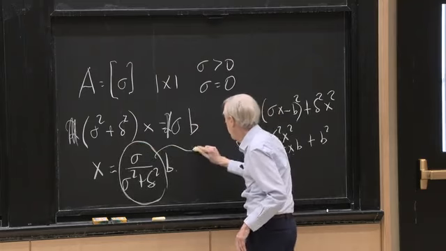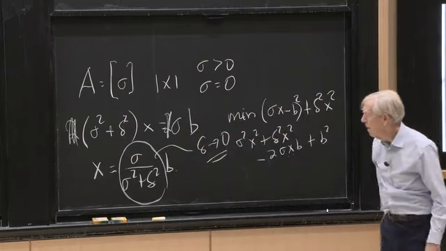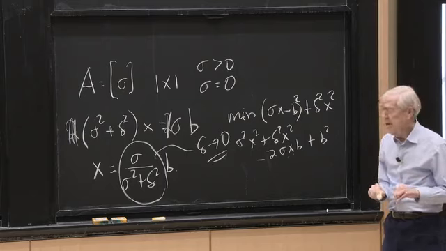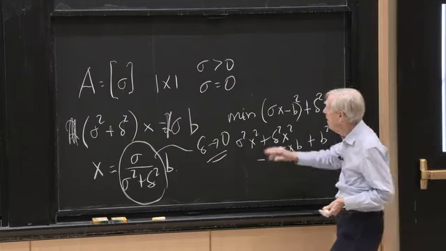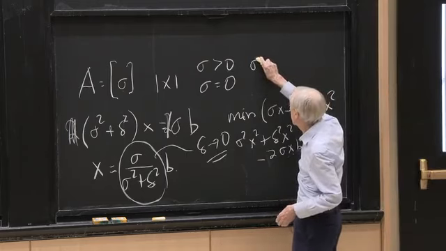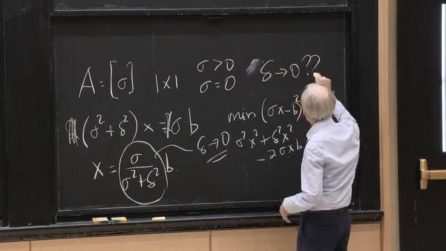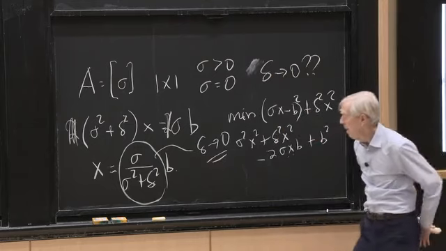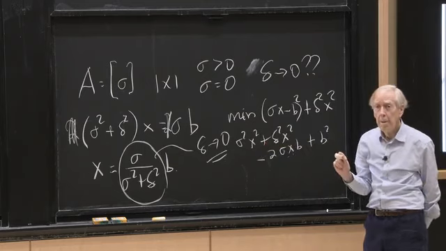I want to let delta go to 0. So again, what am I doing here? I'm taking a 1 by 1 example just to see what happens in the limit as delta goes to 0. What is the limit of that thing as delta goes to 0?